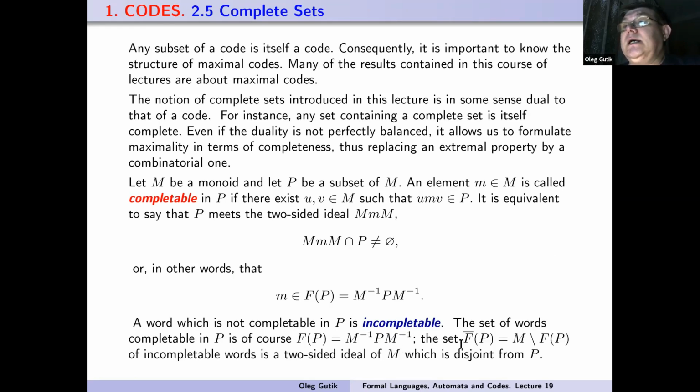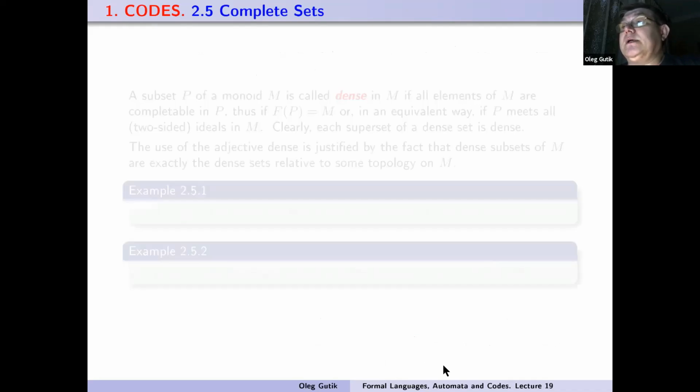The set M without F(P), the set of incompletable words, is a two-sided ideal of the monoid M, which is disjoint from P.